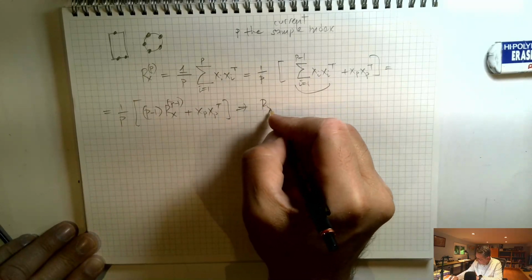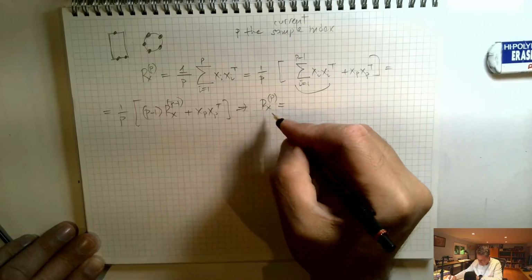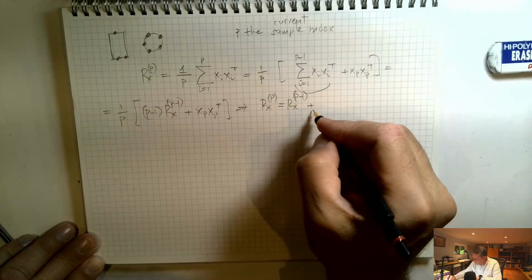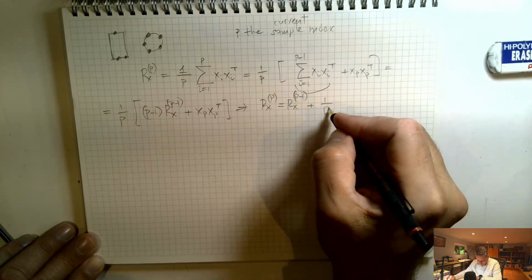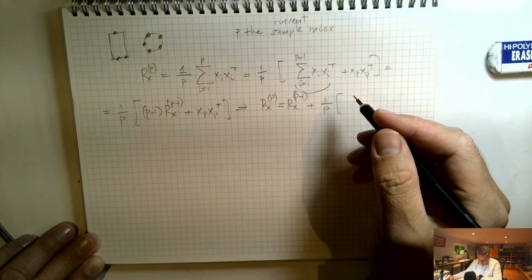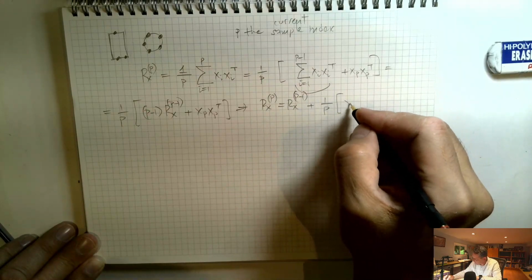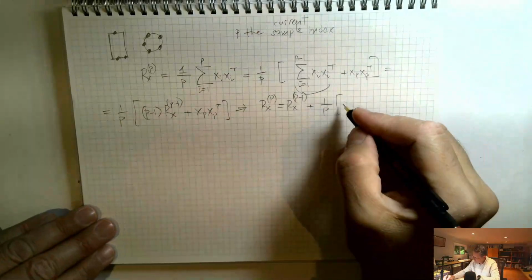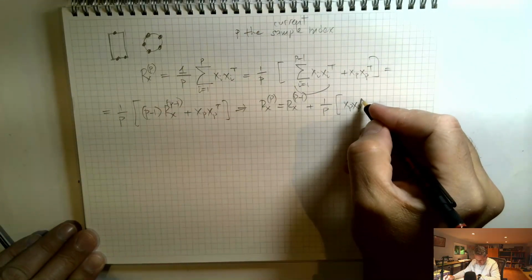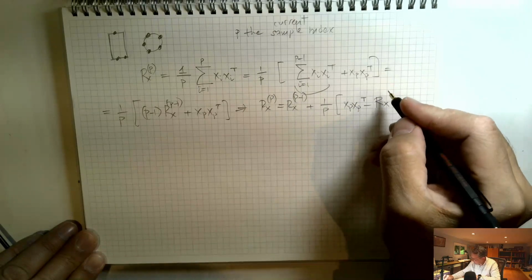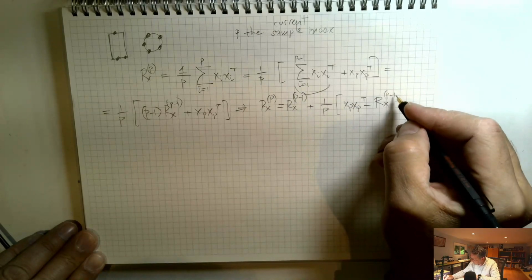Therefore I can write that Rx(P) is equal to Rx(P minus 1) plus 1 over P times x_P x_P transpose minus Rx(P minus 1).